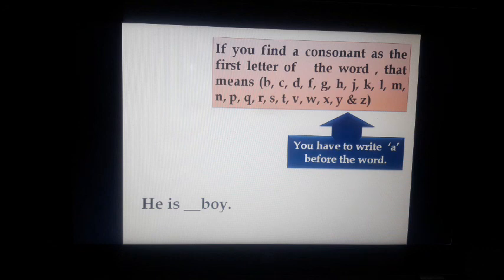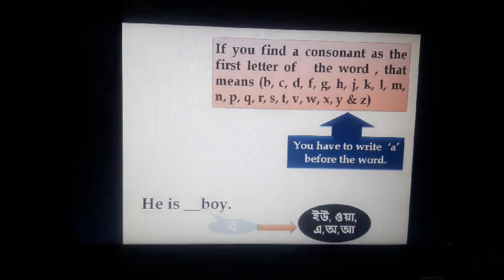Look at the example. He is a boy. B is a consonant letter and this letter is not pronounced like a vowel or wa. Then obviously we have to use a in this type of word.